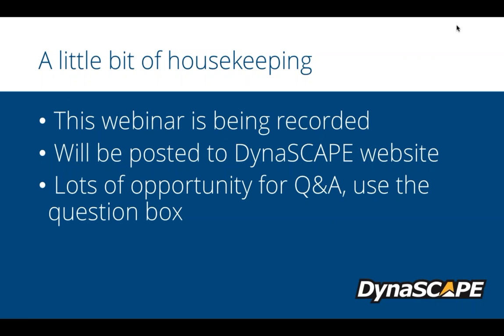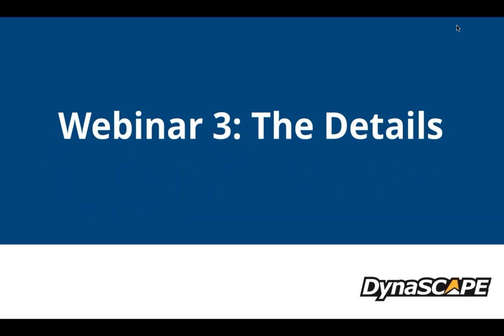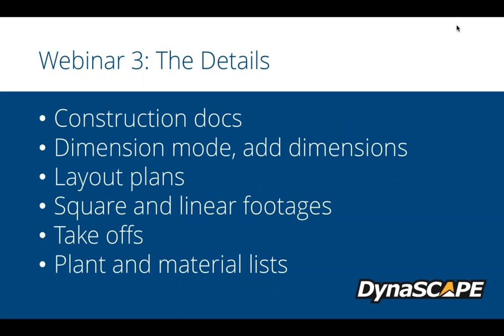This webinar is the 3rd webinar in the series, and we've titled it "The Details." We're focusing on construction documents: how to get into dimension mode, adding dimensions for the purpose of layout plans, making things a lot easier for the crew, and freeing up the owner's or the designer's time from having to lay out the site.